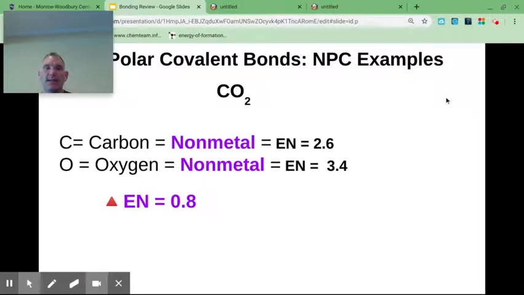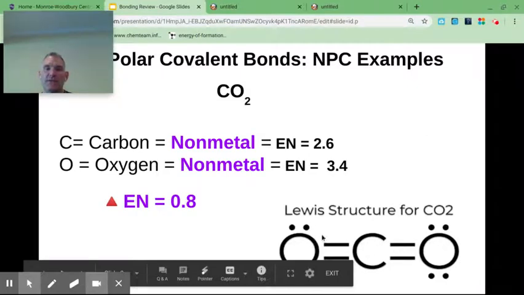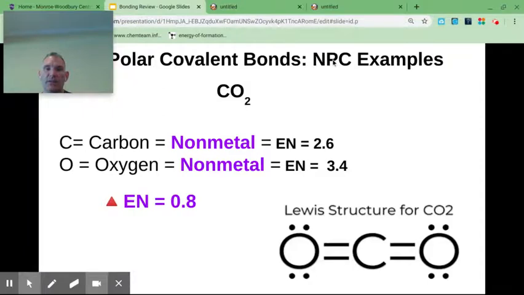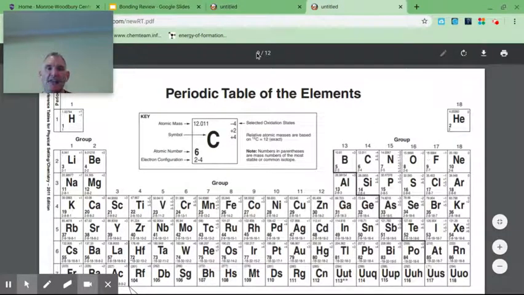However, when I draw it out, and CO2 was another tricky one, it was a double bonded structure. Notice that both sides of the molecule are equal. Equal is nonpolar. Same with the charges. If I look at the charge for oxygen, because I'm looking at the ends, oxygen has a negative charge.